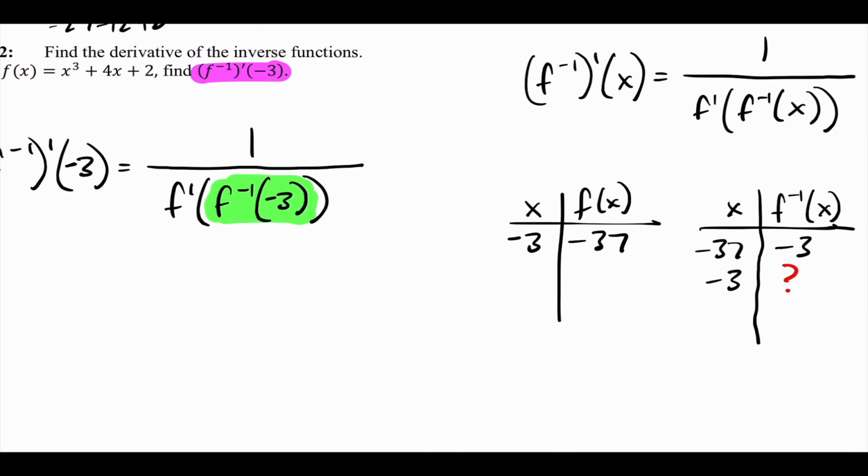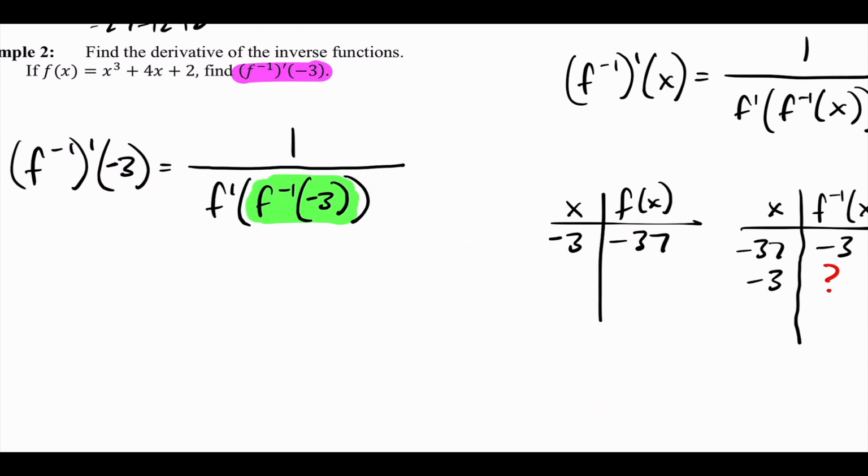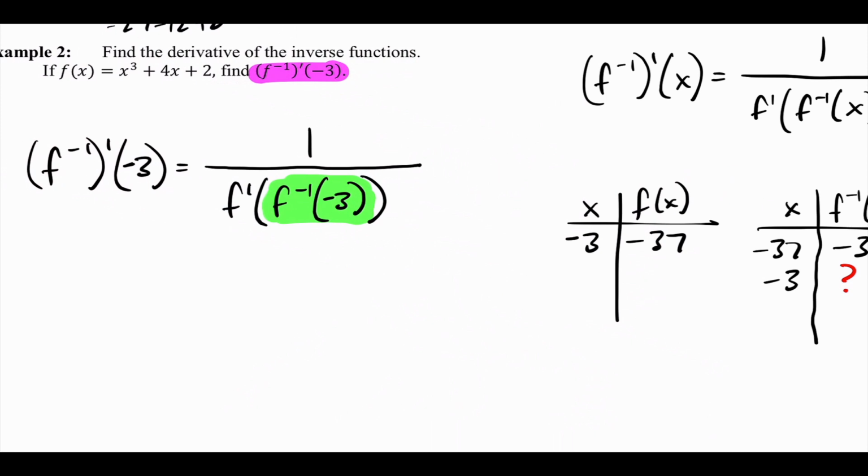When I plug in negative 3 for x to the inverse, what do I get for x? How do I do that?